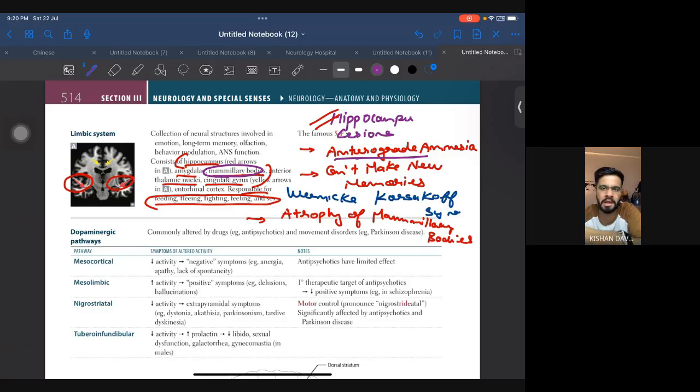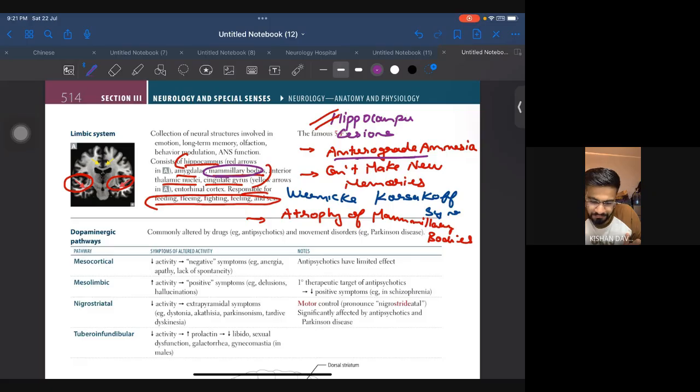The doctor came back after 30 minutes and asked, "Do you remember?" The patient says no. The patient doesn't even remember the doctor's face. This is how the question will be asked. So at that time, think about hippocampus. That's it for this limbic system.